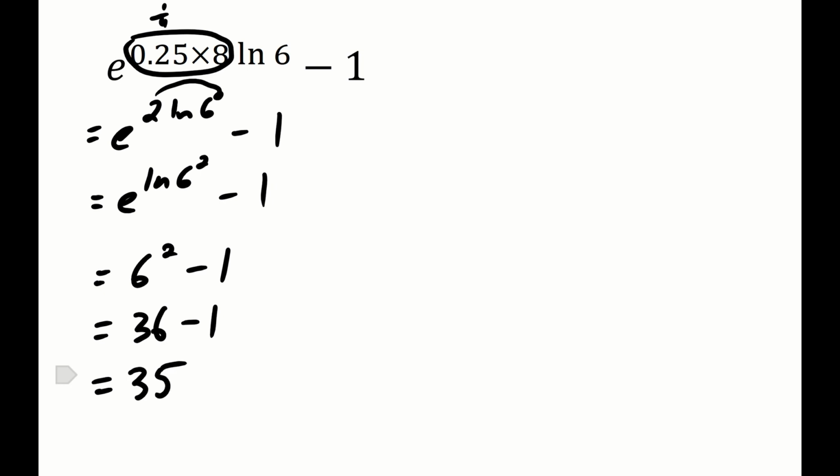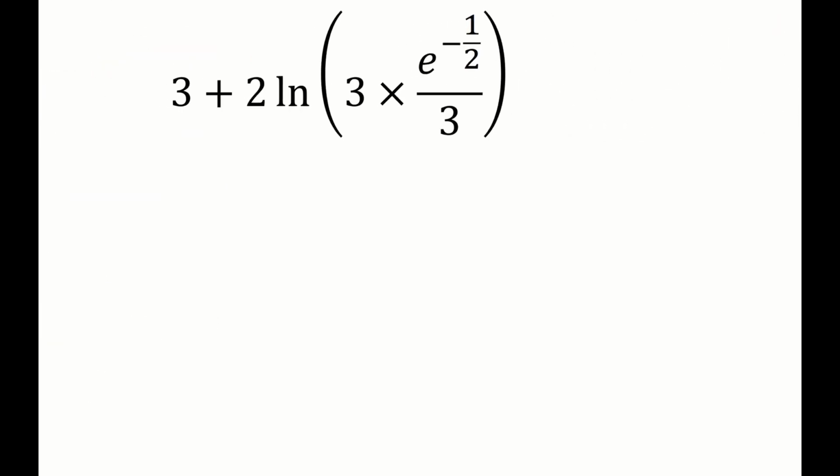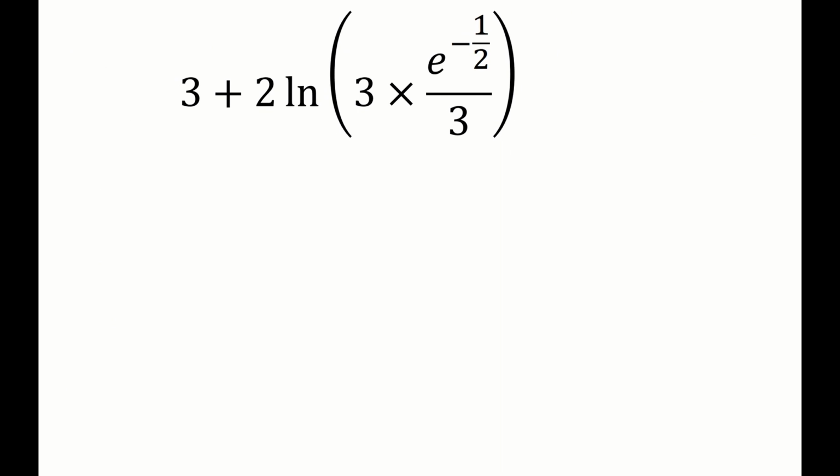So you can see only a small number of rules we can use, and a little bit of strategy to be able to actually use those rules. Sometimes they look super complicated, but lots of things are able to be cancelled out. So I'm just going to have a play inside this logarithm of 3 times and then divide by 3. These can cancel. I'm left with natural log of e to the power negative a half.